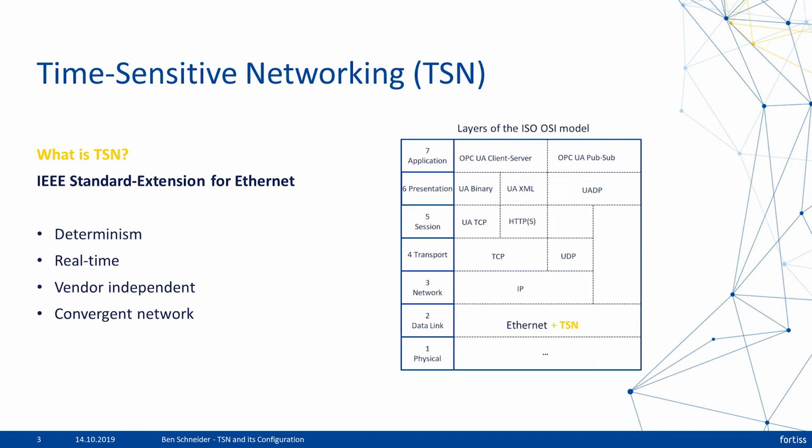So that's the basis. Why is the time-sensitive networking standard interesting for OPC UA? As I said, TSN is located on the second layer of the OSI model. If you look into the higher layers, you of course find the OPC UA specifications and protocols there.